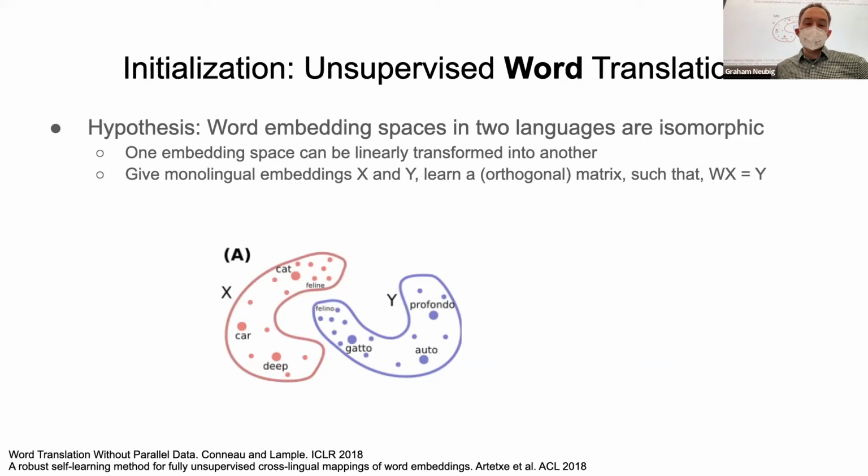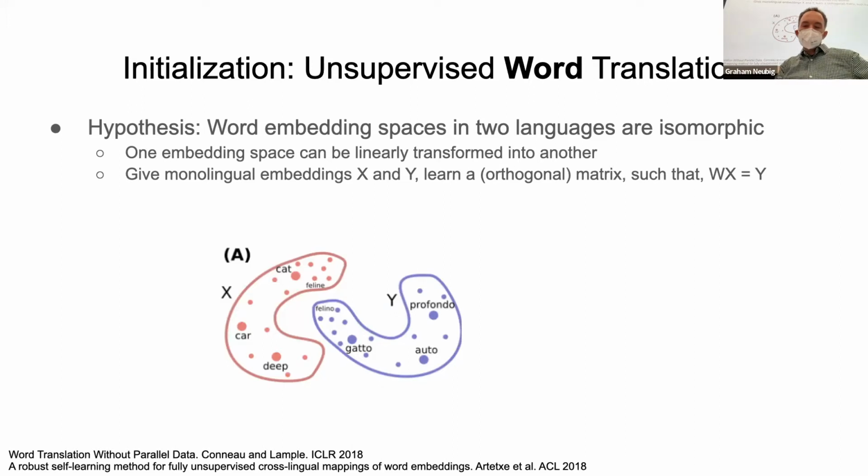And what I mean by this is if you take an embedding space from one language, like let's say English, and an embedding space from another language, let's say Spanish, we can learn some function that isn't overly complicated that allows us to map between these 2 embedding spaces. So for example, we might run a model like word2vec or any other kind of word embedding induction technique to embed individual words in embedding spaces.